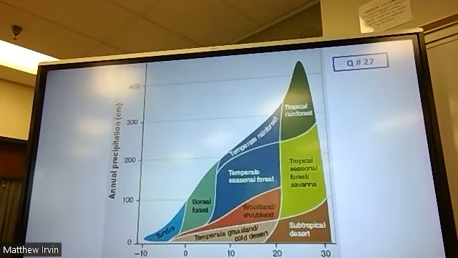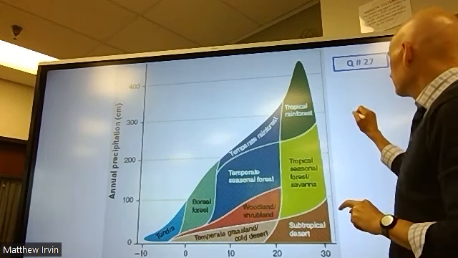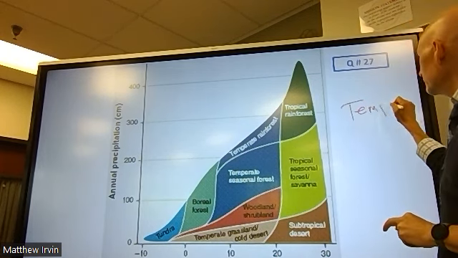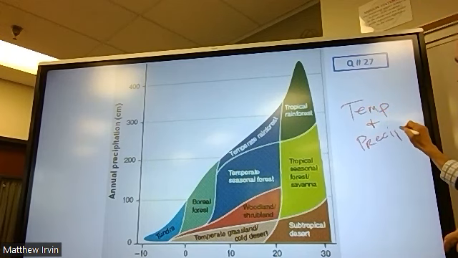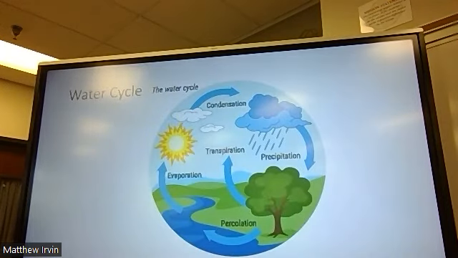The biomes, review those. Climate, what are the two most important things for climate? Temperature and precipitation. And the combination of those two are going to determine your climate, which determines your plant life, which determines your animal life. Water cycle, it happens.